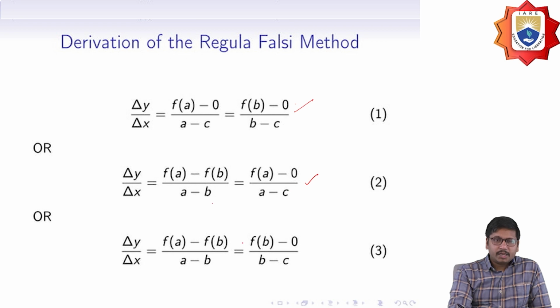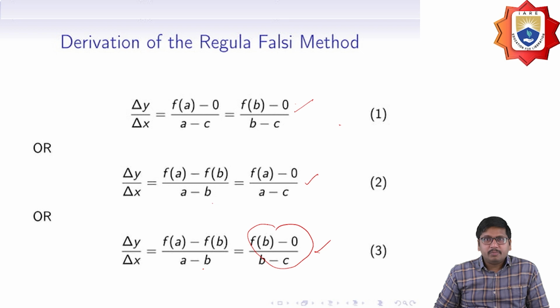In other words, (f(a) minus f(b)) by (a minus b), and (f(b) minus 0) by (b minus c).